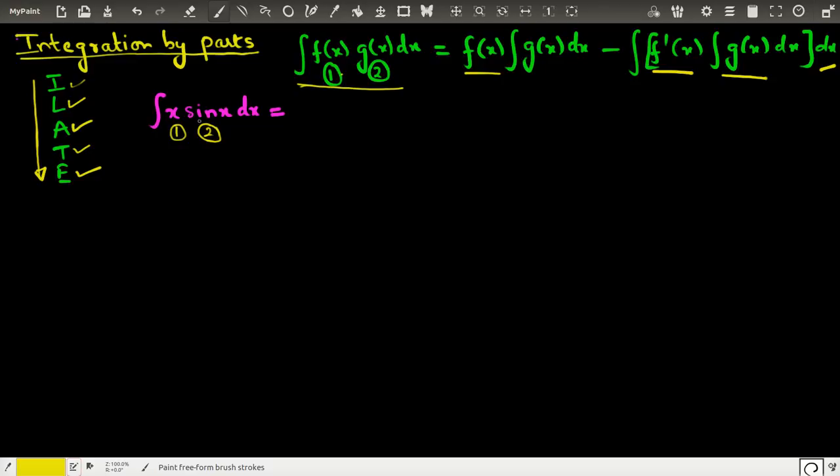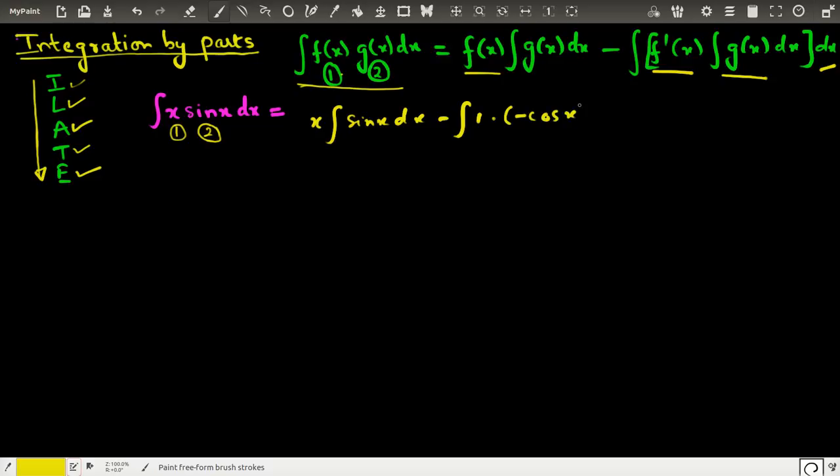Take a very simple example. Let's say we have x sin x. So x is an algebraic function which has a higher priority, so it's the first function, and sin x is a trigonometric function, it is function number 2. Let's do the integration. According to the formula, f(x) is x and g(x) is sin x, so it would be x outside and integration of sin x dx, minus differential of the first function which is 1, and integration of the second function, which is sin x, is minus cos x.